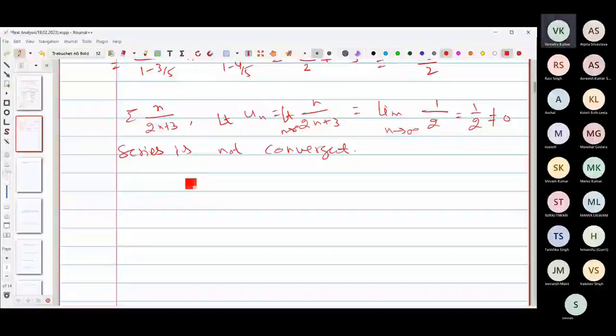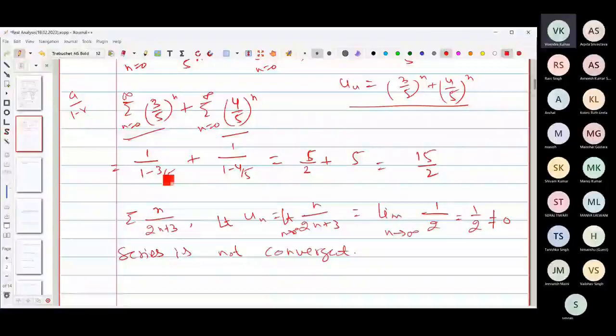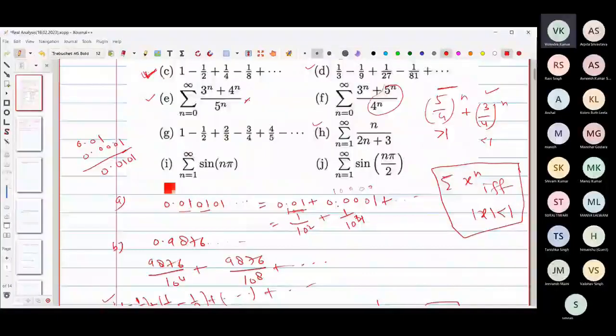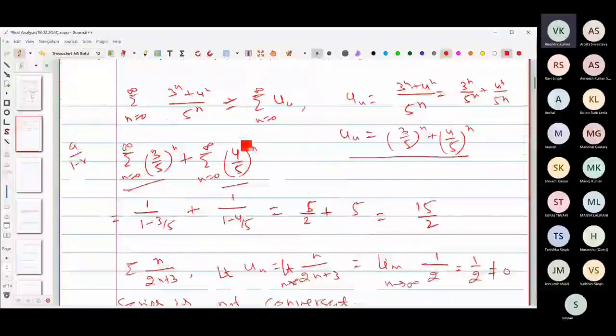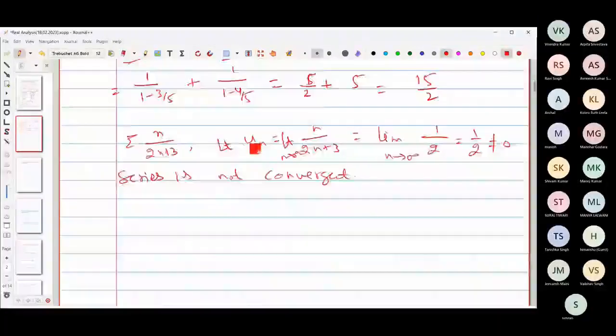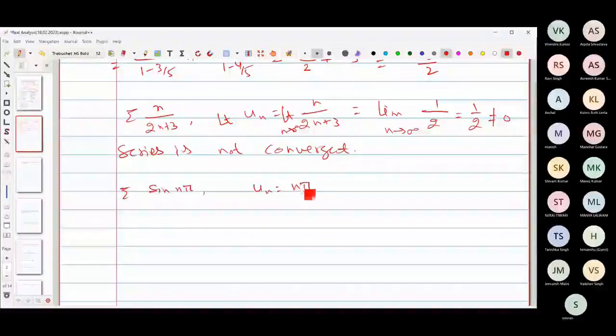Here, this one: summation of sine n pi. So here un equals sine n pi. When n is 0, then sine 0 is 0.